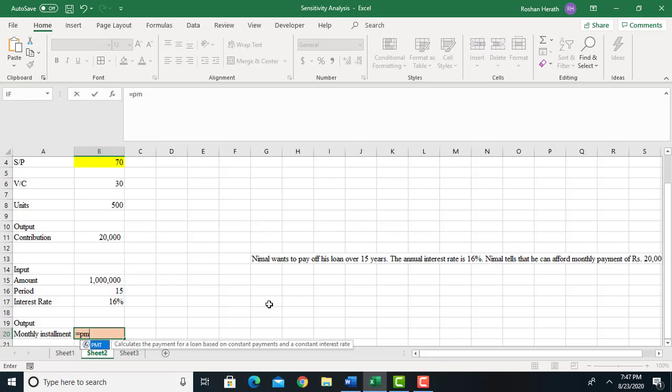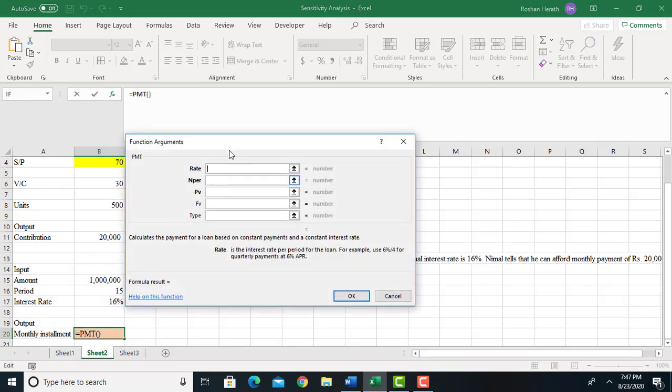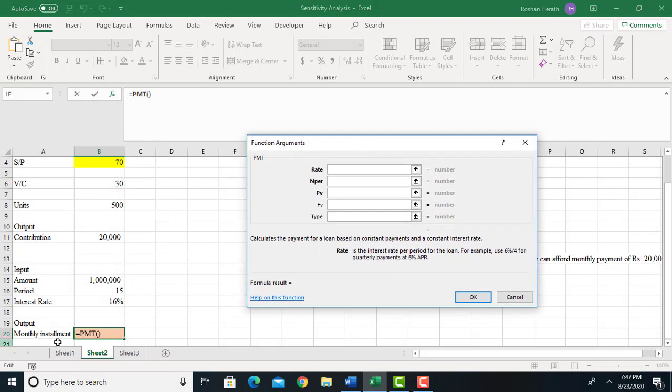So you get the PMT function. You are so used to this; we have extensively discussed that. The rate has to be the interest rate, but make sure you convert that into a monthly rate, because this is about the monthly installment. NPER, that is the period. It's 15 years, convert that into months, it's 180. The present value, the amount, 1 million.